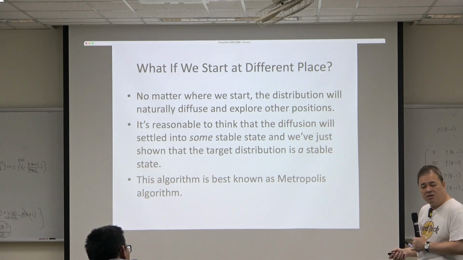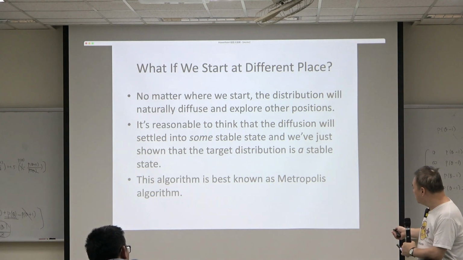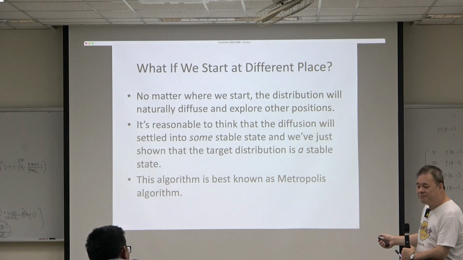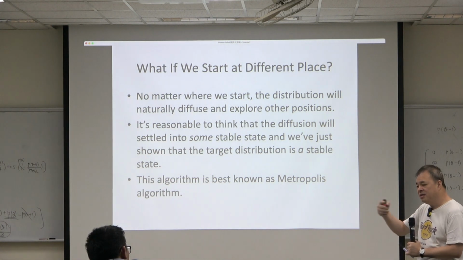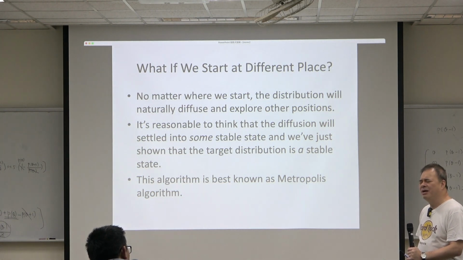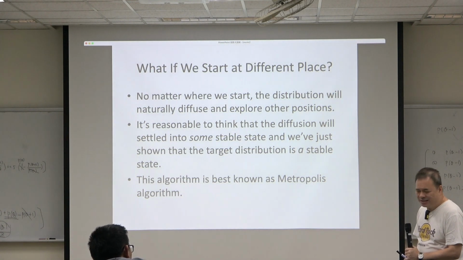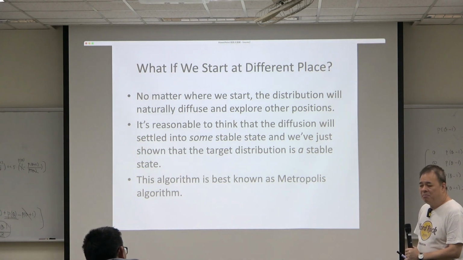Because we know that applying this matrix repeatedly is likely going to end up at a stable state. Yeah, we know that. But we cannot be sure.